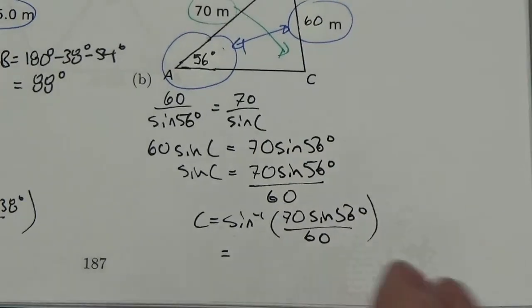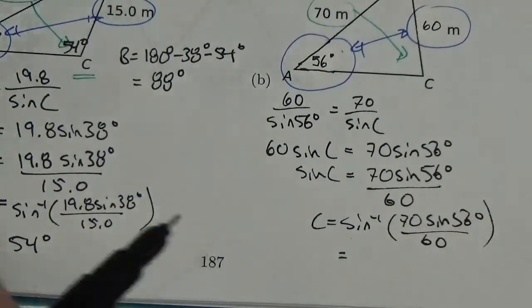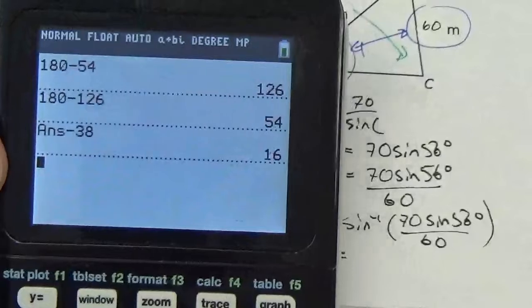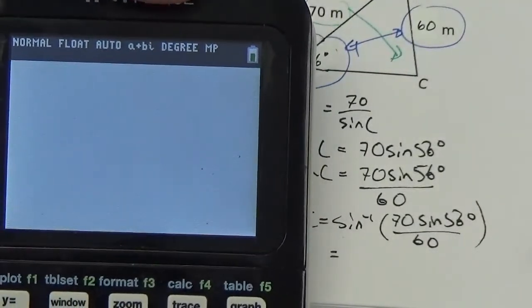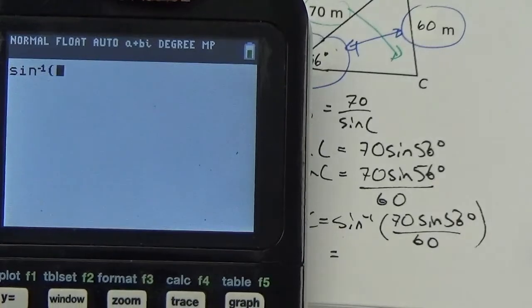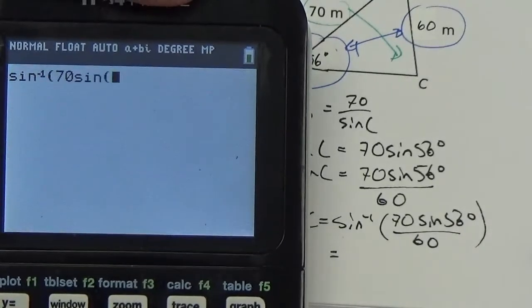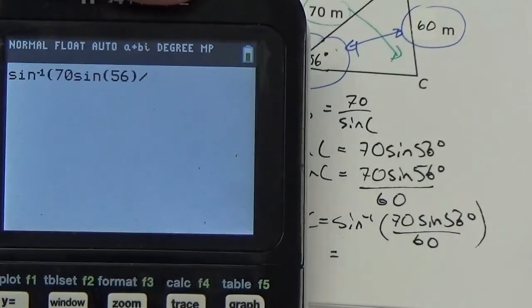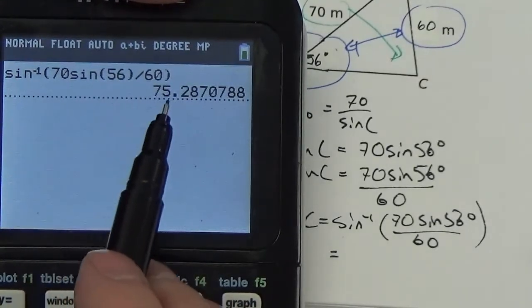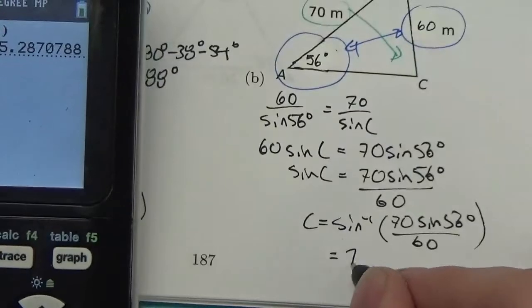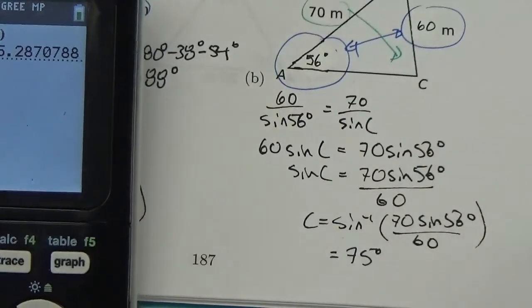And now that is just calculator work, so we'll push that off to the side here, pull out the calculator, clear that up. So the inverse sine of 70 sine of 56 divided by 60, close brackets, and we're going to get 75 degrees. So we'll put that down there, 75 degrees. Good.